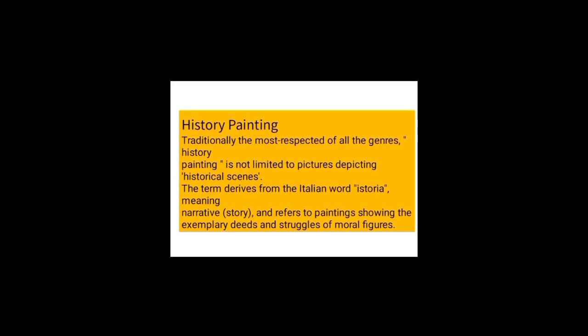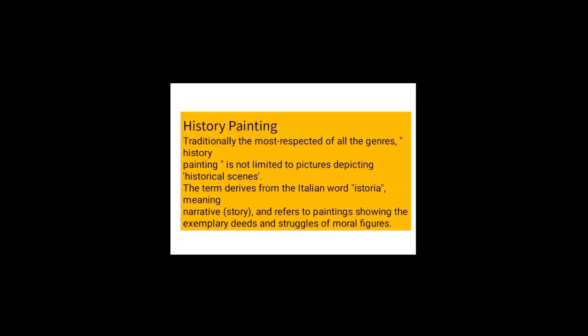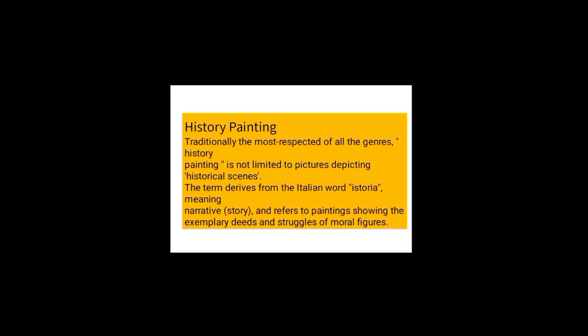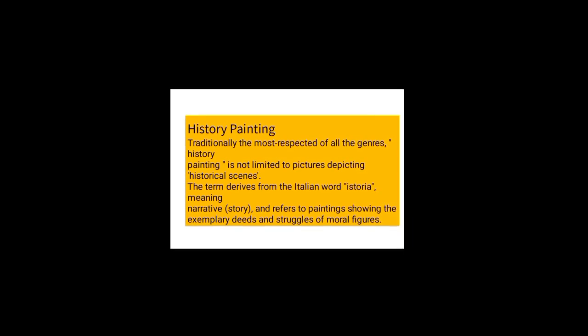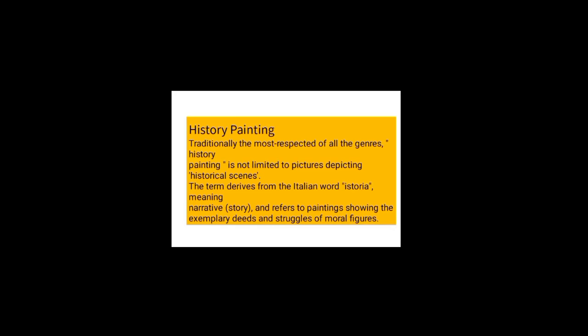History painting is not limited to pictures depicting historical scenes. The term derives from the Italian word storia, meaning narrative story, and refers to paintings showing the exemplary deeds and struggles of moral figures.